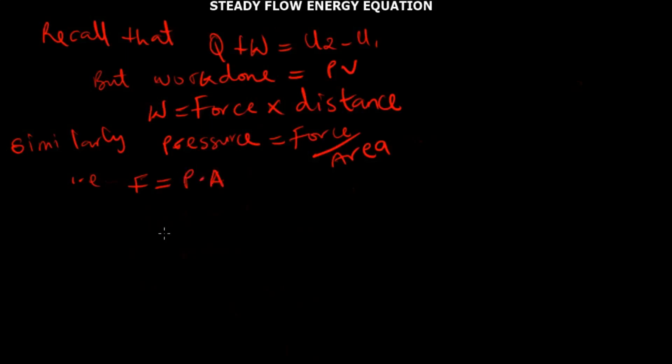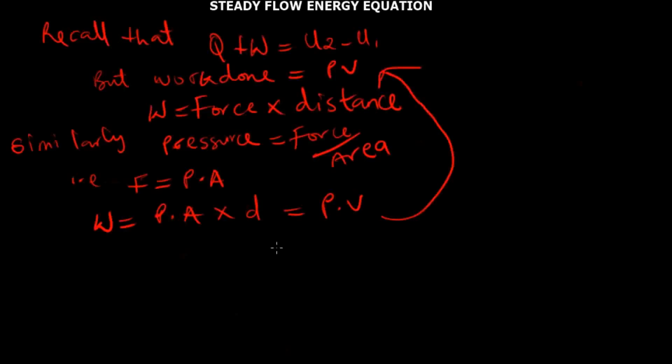Now substituting for the value of force in work done, we have that work done is pressure times area times distance, which will give us pressure times volume, because area times distance will give us meter cube. That is the volume. So that is how this was derived.